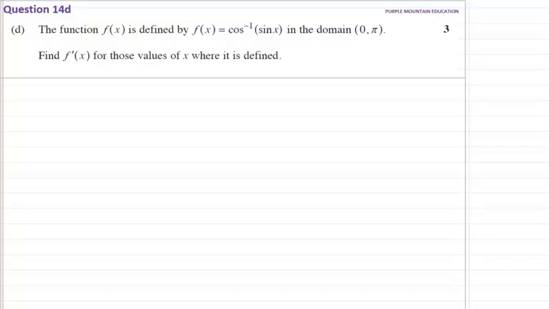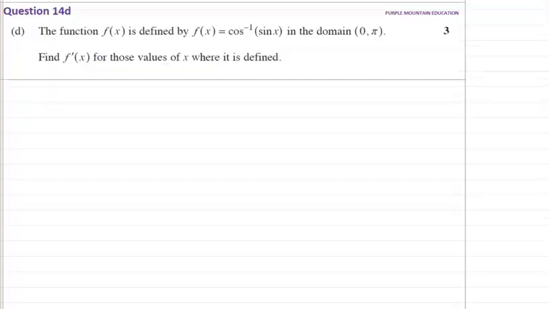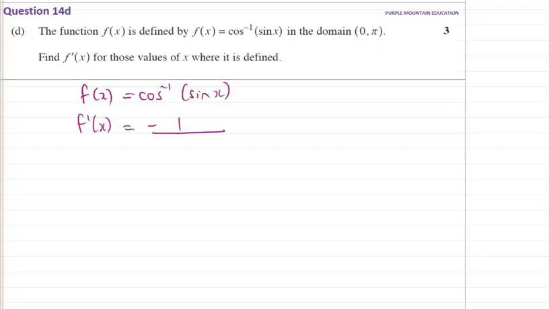All right, so let's just remind ourselves. Reaching for the reference sheet to remind ourselves how to differentiate inverse cos, given that f of x equals inverse cos of sine x, then the first derivative, I'm going to get minus 1 over root 1 minus sine squared x, and the numerator is going to be cos x because of chain rule.